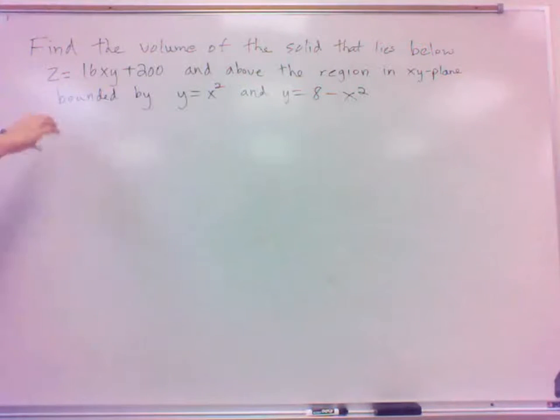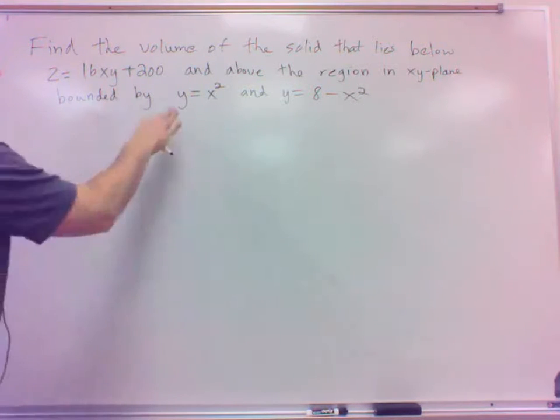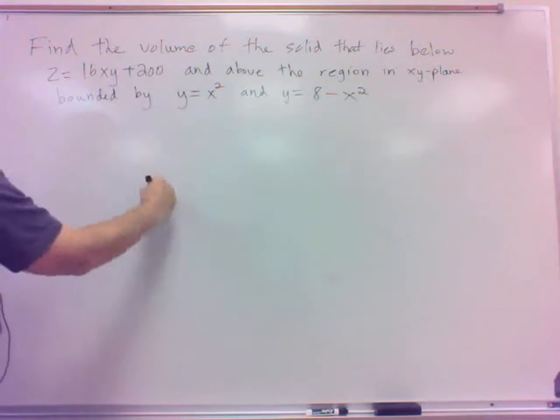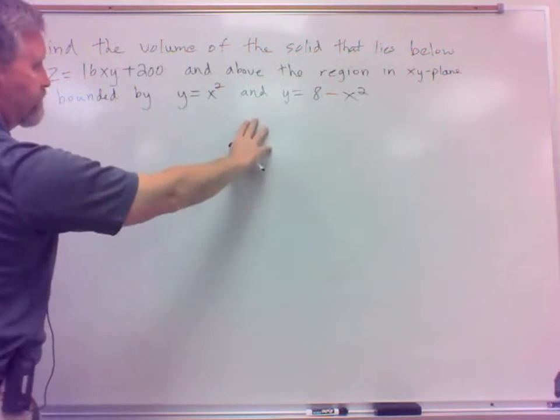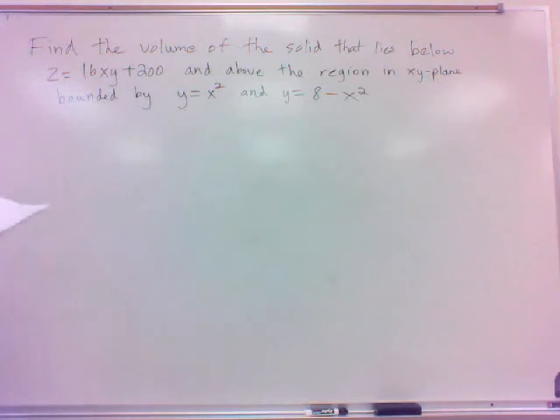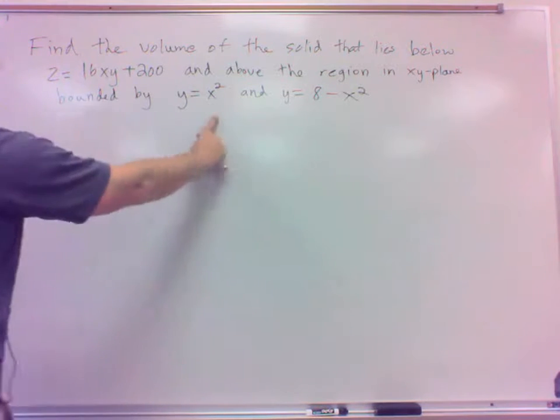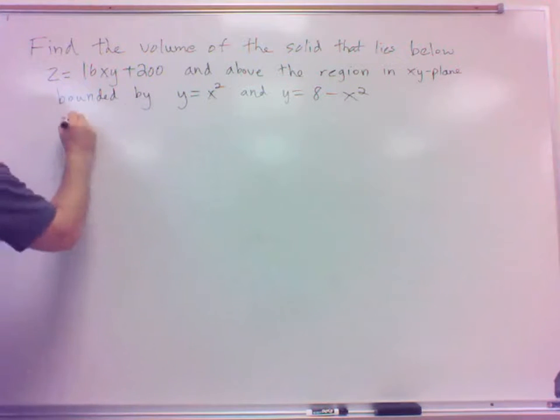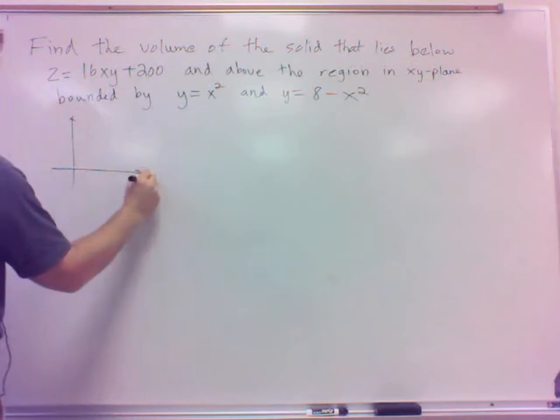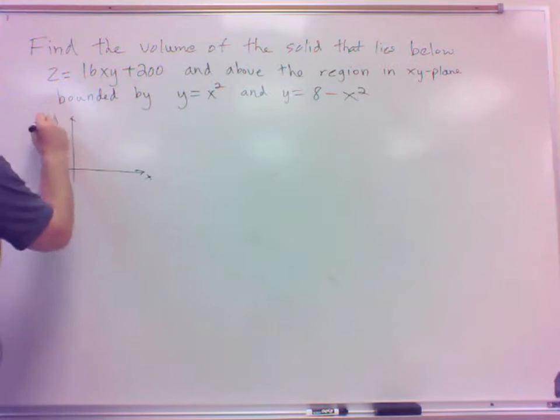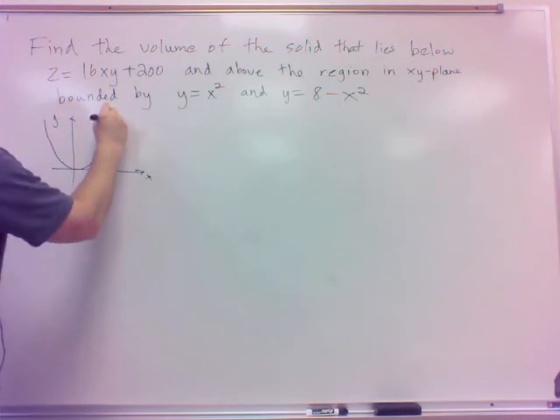Okay, so we've got this three-dimensional surface here, z equals 16xy plus 200. But we want stuff below that, and it's bounded above by the region here. So let's draw that in our xy plane here. Of course, y equals x squared is that.